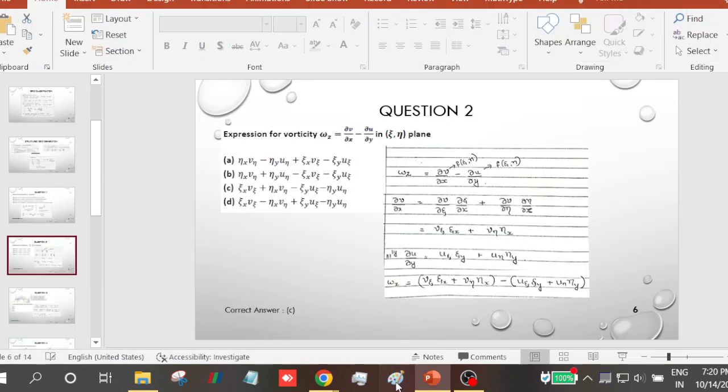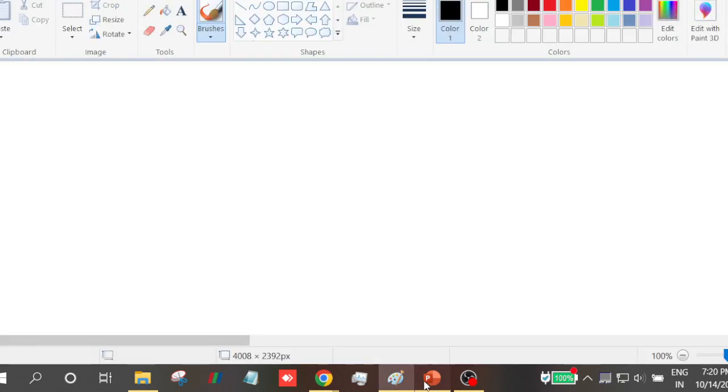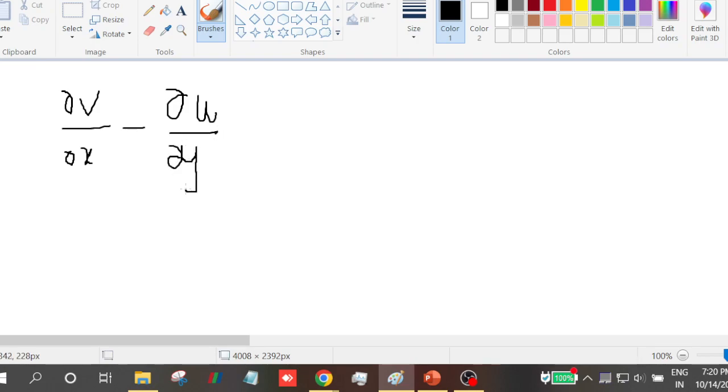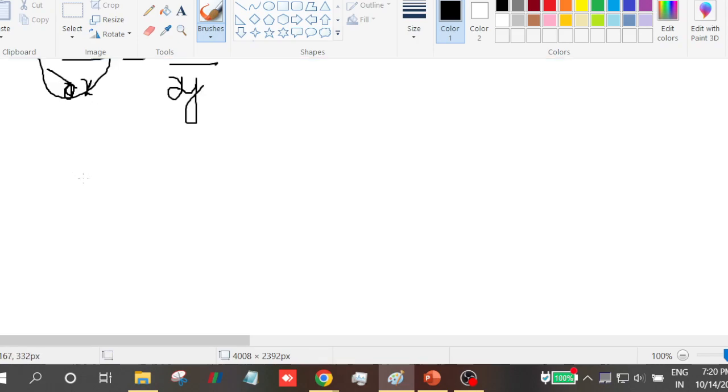So we use the chain rule to differentiate. We have dou v by dou x minus dou u by dou y, and we have to go by individual terms here. First we have to convert the dou v by dou x term. We can write dou v by dou x using the chain rule expansion, because v is now a function of zeta comma eta.